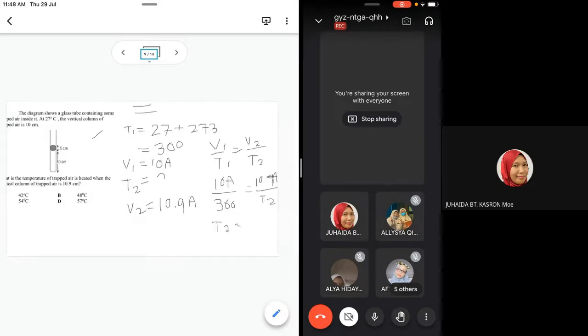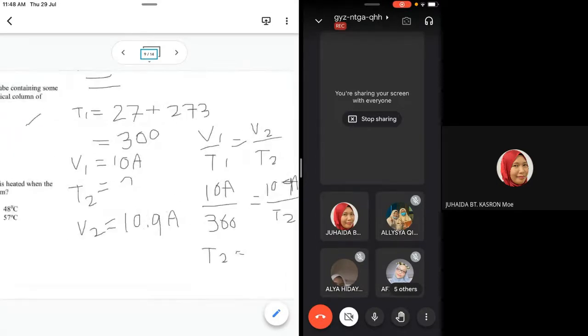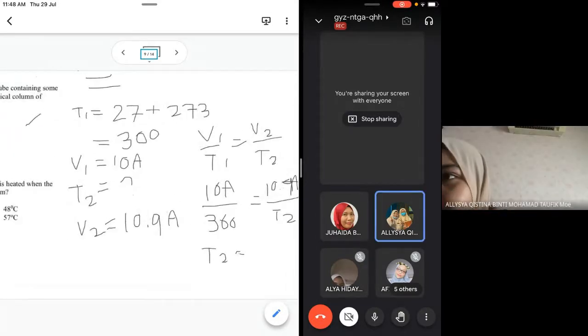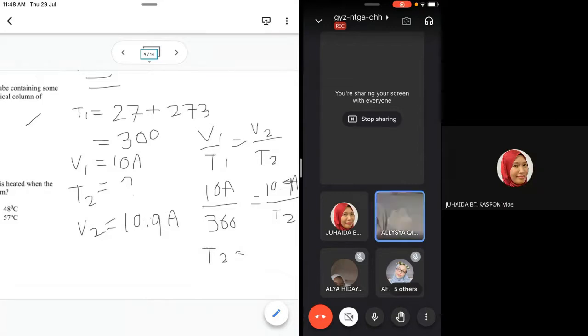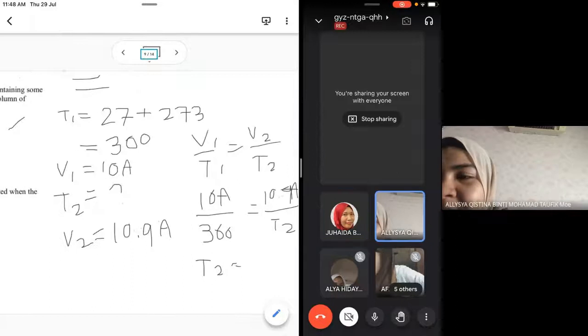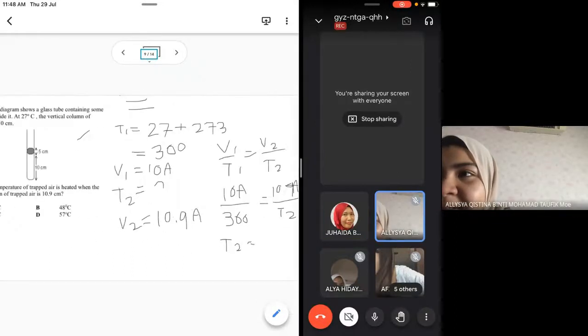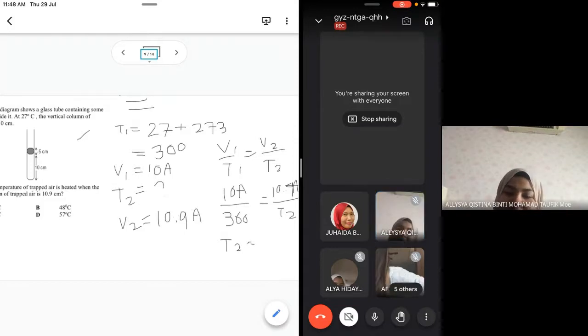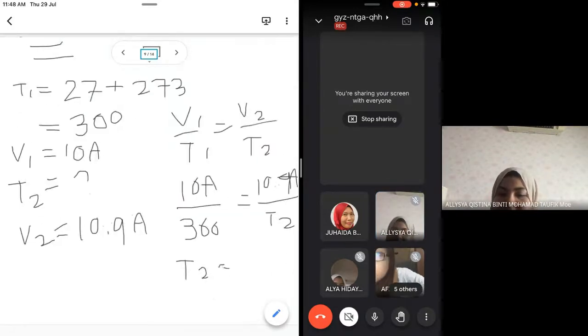The rest of you, are you calculating? Yes, teacher. Okay, Alia, you are close to the answer. What do you get? Or maybe Alisha can state the answer.